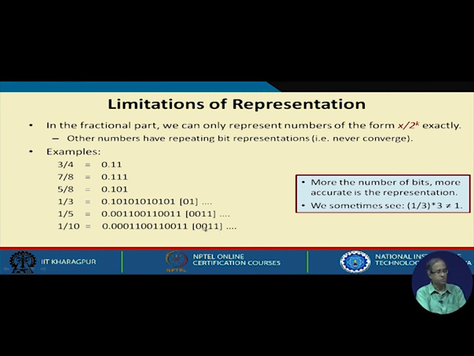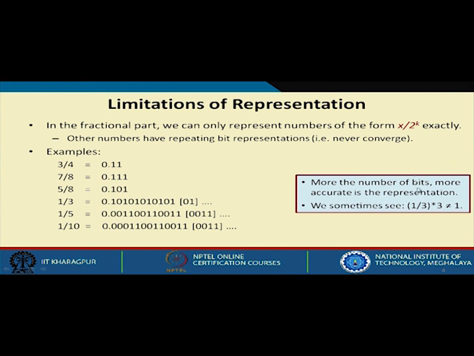So, more the number of bits we use for the representation, more accurate will be our representation. But one thing we should also remember, that when you are representing 1 by 3 in a computer like this, we have a finite number of bits to represent. So, we can never represent 1 by 3 exactly. It will be very close to 1 by 3.